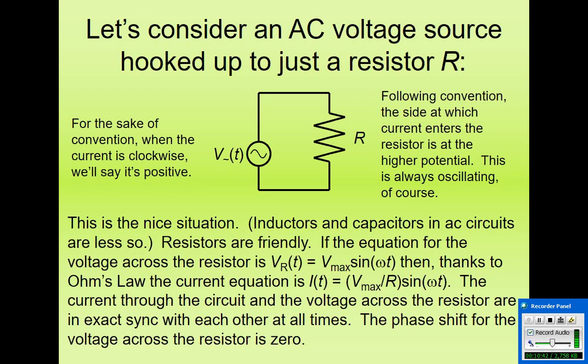So, at all times, the voltage across the resistor is going to be equal to the current through the resistor times the resistance. So, the voltage and the current will always be in sync with each other. The voltage across the resistor will always be in sync with the current through the resistor. Mathematically, we would say that the phase shift for the voltage across the resistor is 0.